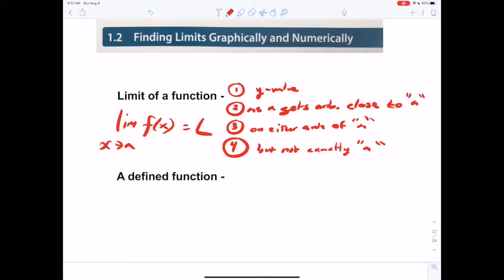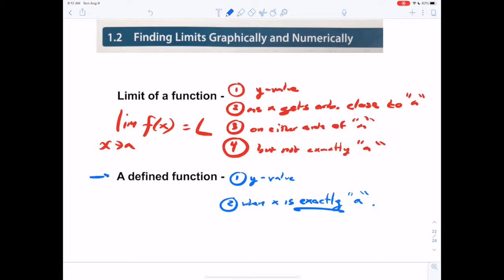Now, a defined function is the same thing. It's the y value when x is exactly a. So all those times where we didn't care about what happens at that moment, that's what a defined function is.